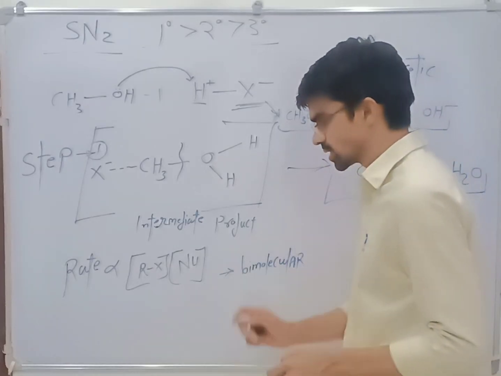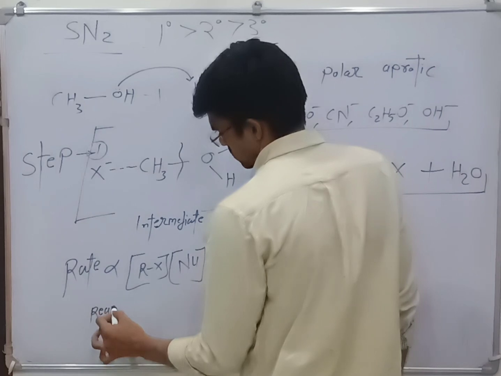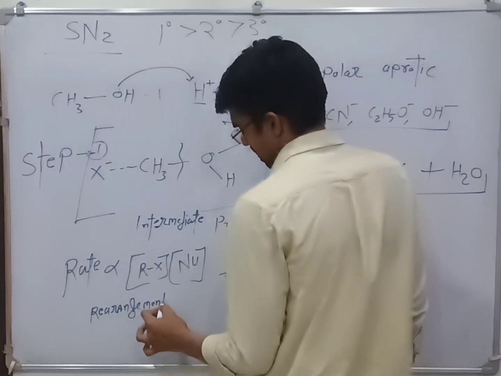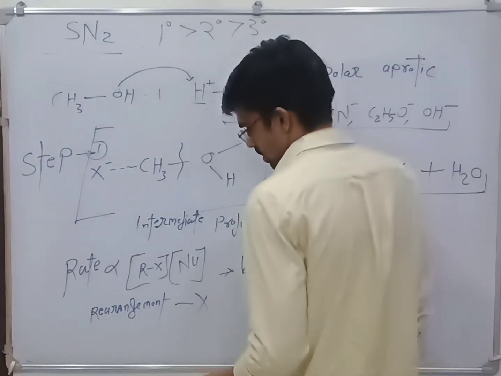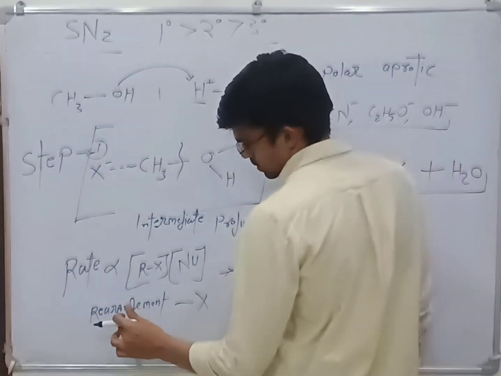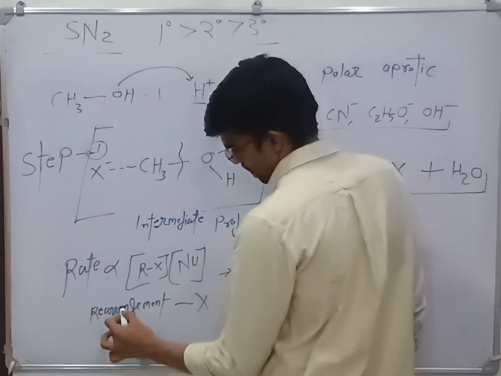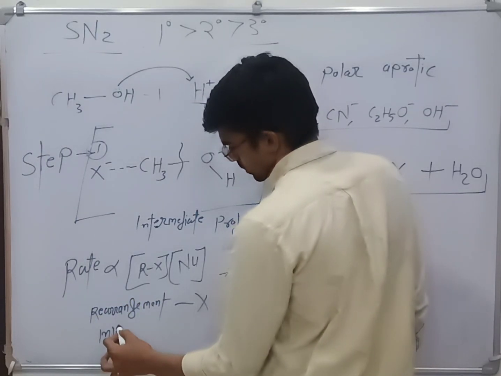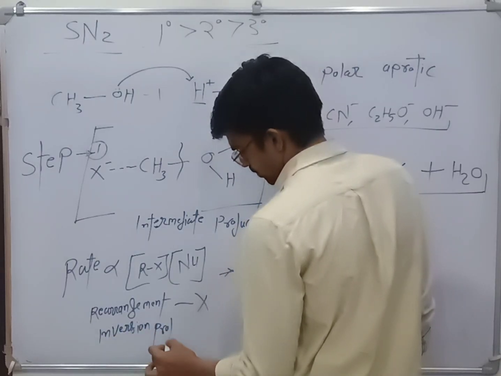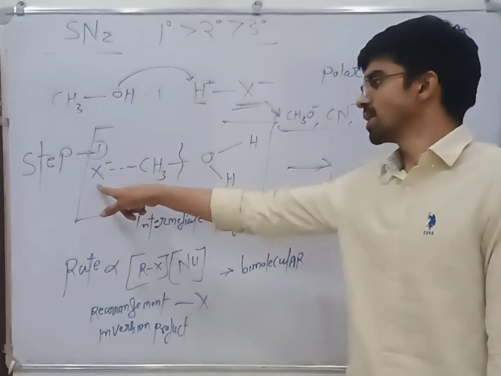In this type of reaction, rearrangement is not possible. And it forms an inversion product, because here the nucleophile attacks from the rear side.